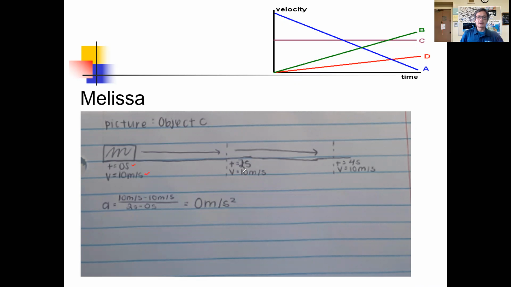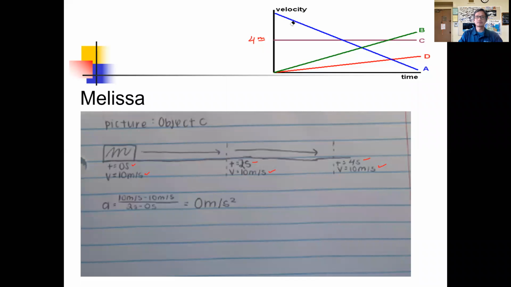At 2 seconds in, Melissa indicates that the velocity is still 10 meters per second, and as we continue on, at 4 seconds into this observation, the velocity of the object is still 10 meters per second. Is that correct? Absolutely. Okay.